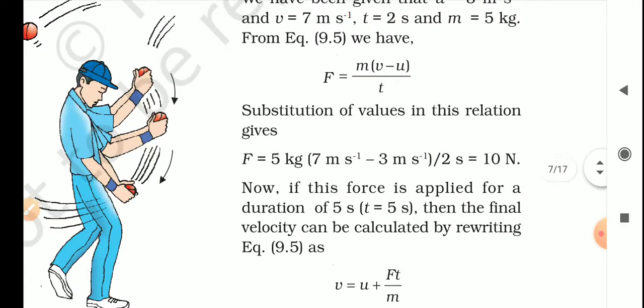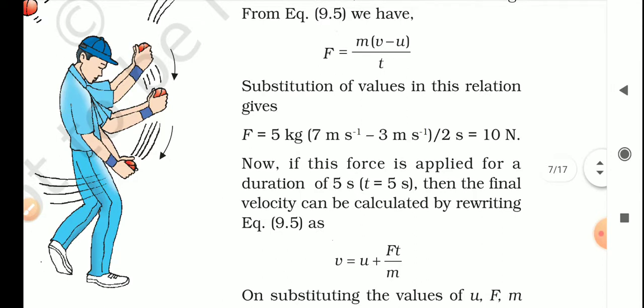Now if this force is applied for a duration of 5 seconds, that is t equal to 5 seconds, then the final velocity can be calculated by rewriting the above equation. v equal to u plus F into t divided by m.